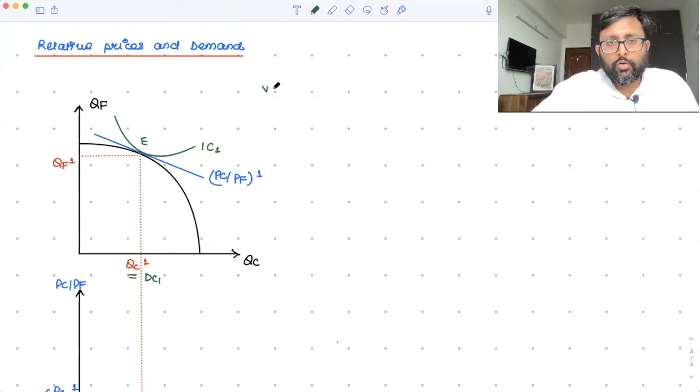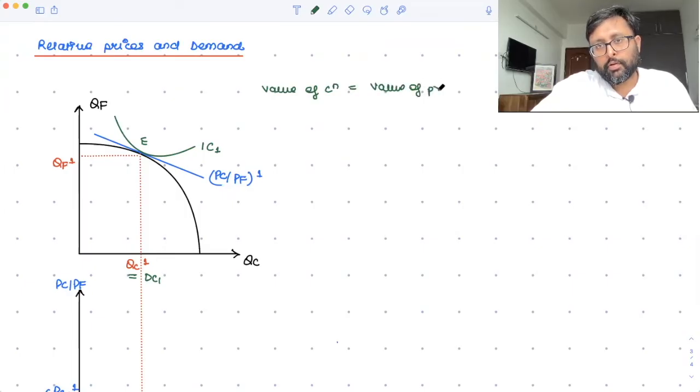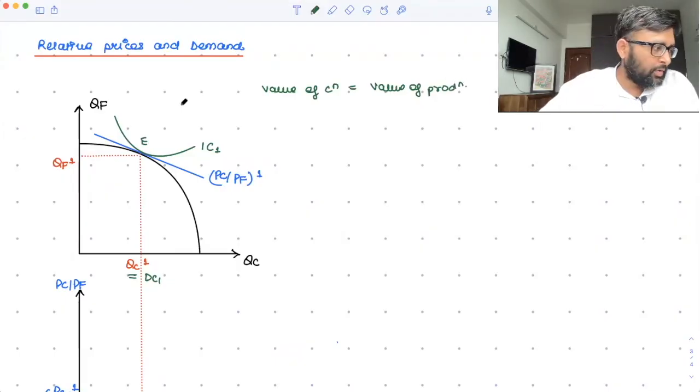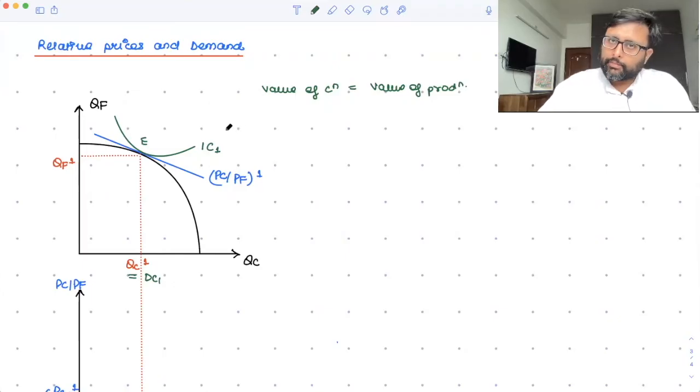So the value of consumption is equal to the value of production. DC and DF are the consumption of cloth and food. QC and QF are the production of cloth and food. So what is the expenditure on consumption?